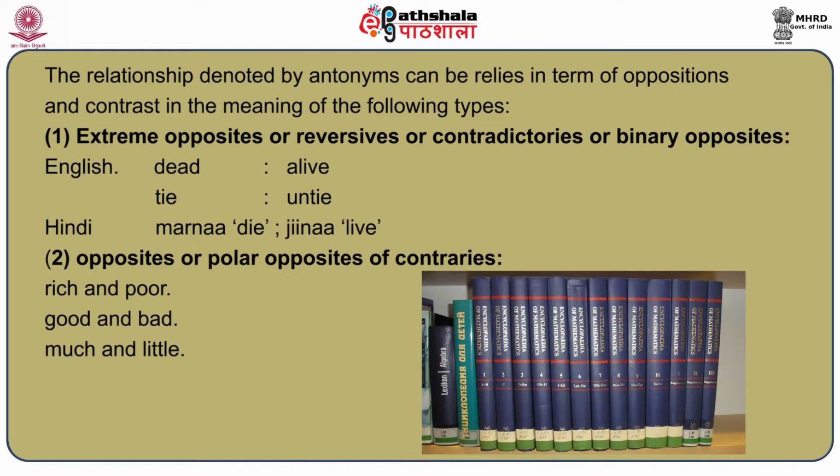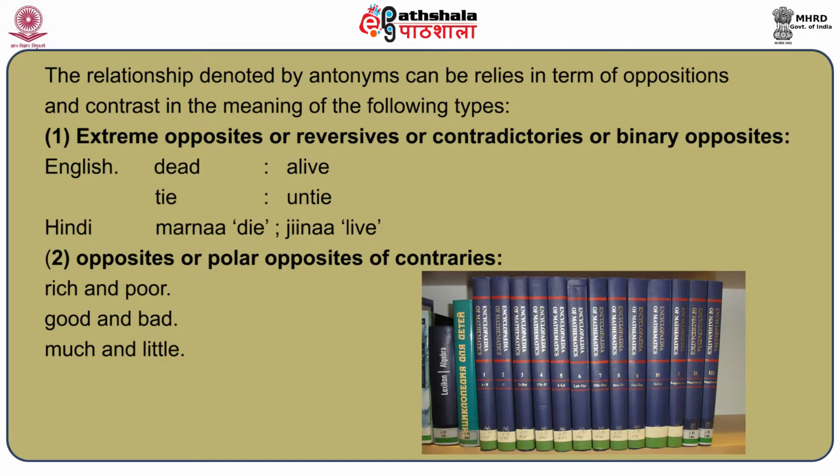The relationship denoted by antonym can be analyzed in terms of oppositions and contrasts in the meaning of the following types: extreme opposites or reversives or contradictions or binary opposites. This is the either-or relationship, the positive and negative features of the meaning: dead, alive, tie and untie.